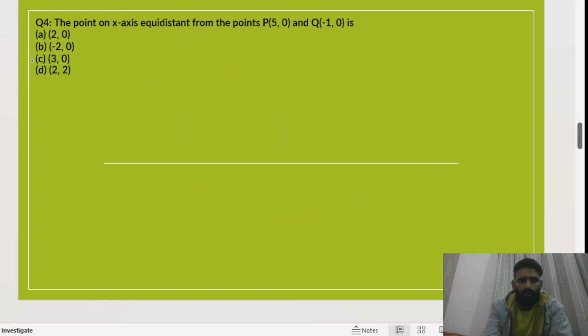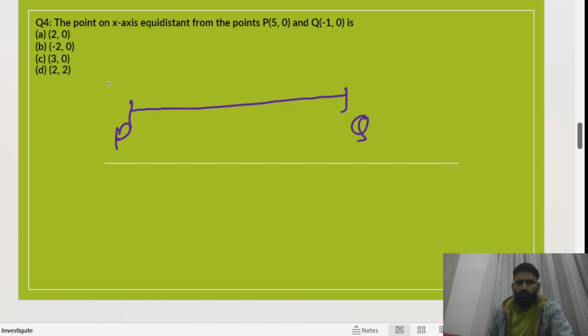And next is the fourth question. The point on the x-axis equidistant from the points P, Q. So same, there are 2 points P and Q. Suppose this line is P and Q. P coordinate is (5, 0) and Q coordinate is (-1, 0), and equidistant means this distance intersects the x-axis.